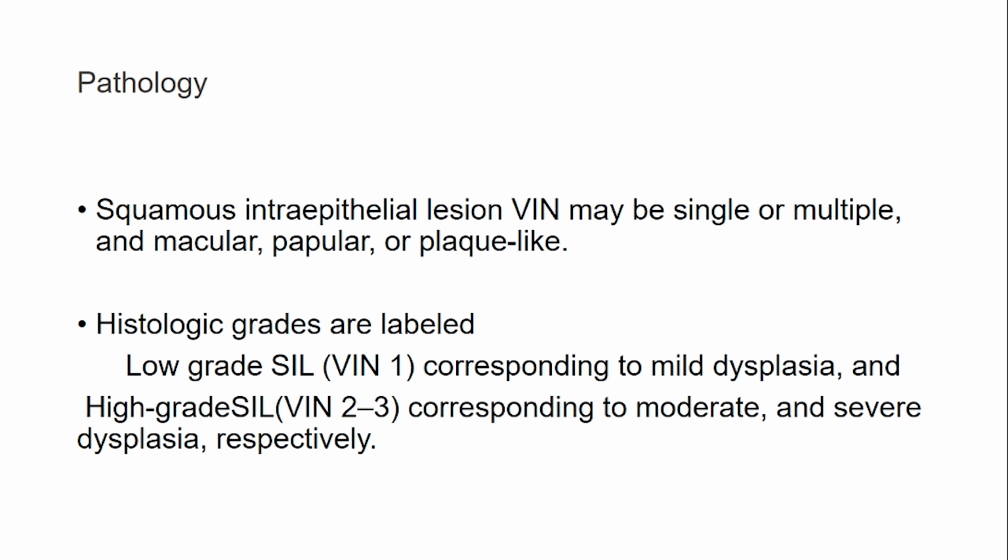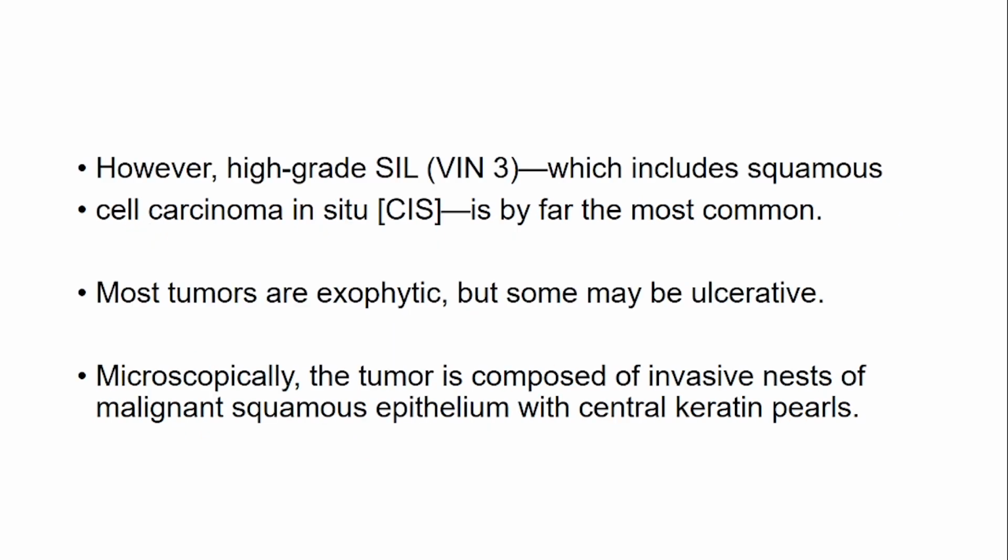The pathology of the squamous intraepithelial lesion is that the lesion may be single or multiple, may be macular, papular, or plaque-like. Histological grades are labeled low-grade squamous intraepithelial lesion, which is VIN1, corresponding to mild dysplasia, and high-grade squamous intraepithelial lesion, labeled as VIN2 to 3, corresponding to moderate and severe dysplasia respectively.